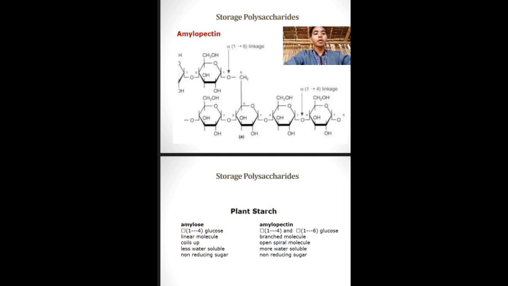We're going to talk about polysaccharides. A polysaccharide consists of more than six molecules of monosaccharides joined by glycosidic linkages, or many sugar units. Amylopectin is a highly branched polysaccharide consisting of alpha-glucose monomers.